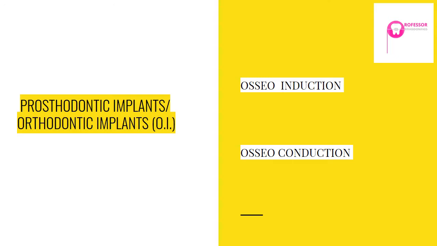In the previous session, we already covered this topic, but just to concentrate more on the phenomenon of osseous integration, I'm mentioning this subject today. So we know that bio-osseous integration is nothing but unification between two things, the living and the non-living. The non-living is the implant surface, whether it is a prosthodontic or orthodontic implant. It does not matter, irrespective of the type of implant.